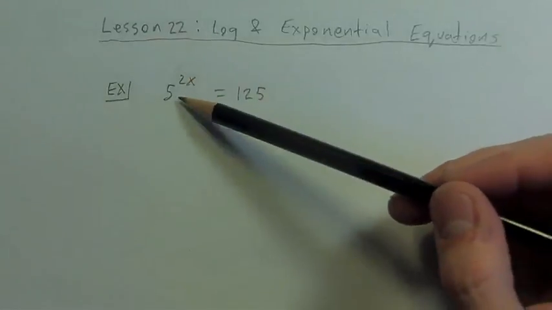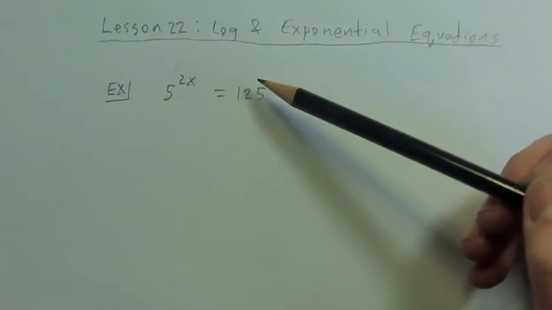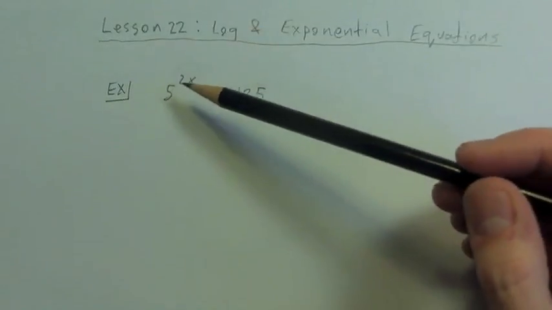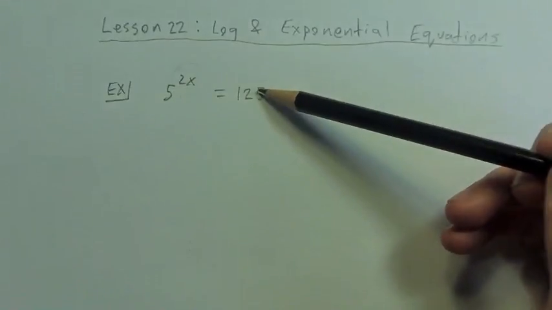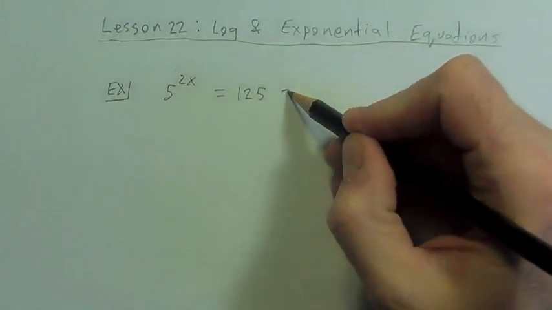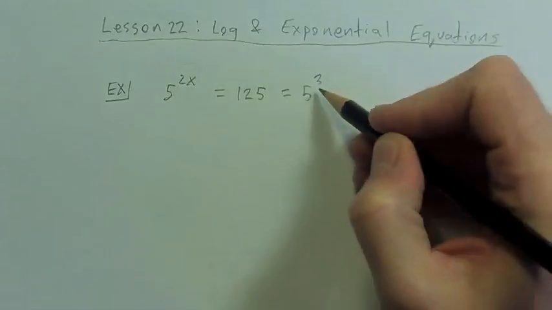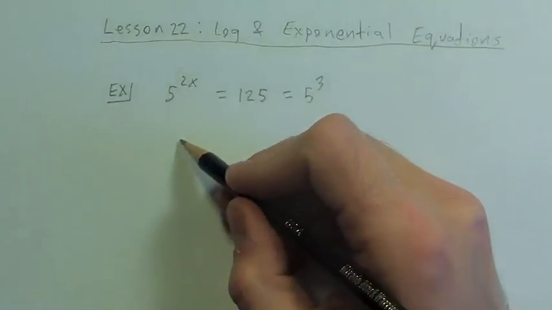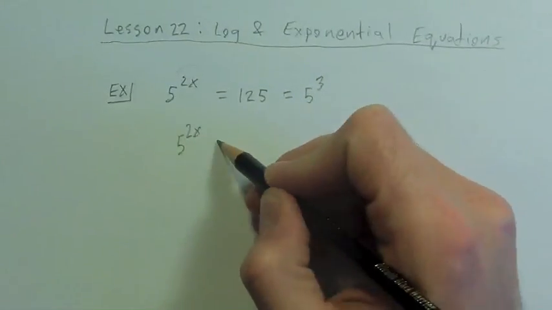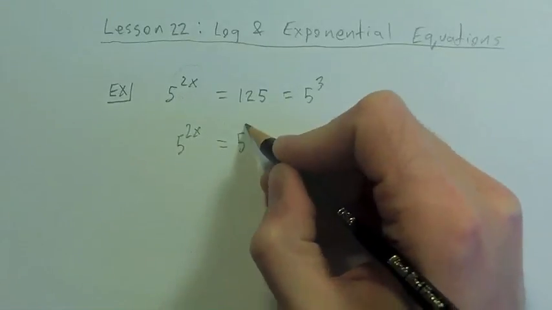One, in this case, we have a nice situation where I have 5 to the 2x, and 125 I can actually write as 5 cubed. So I have 5 to the 2x is equal to 5 cubed.